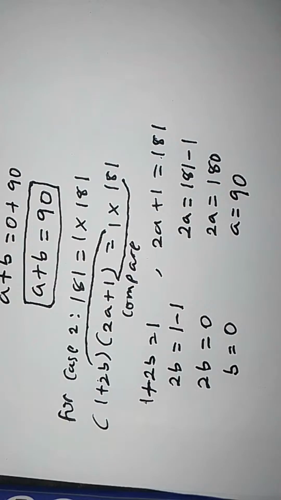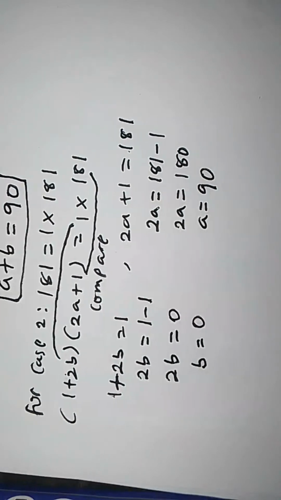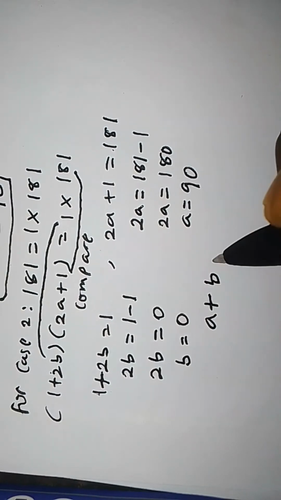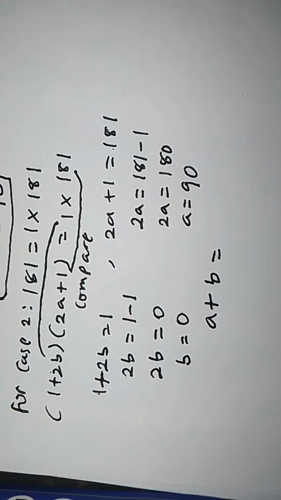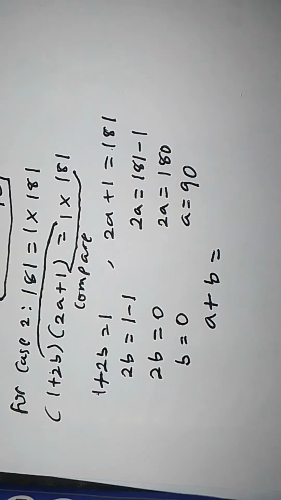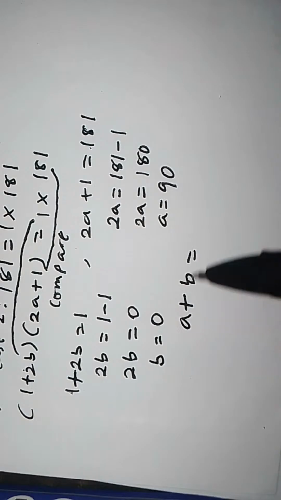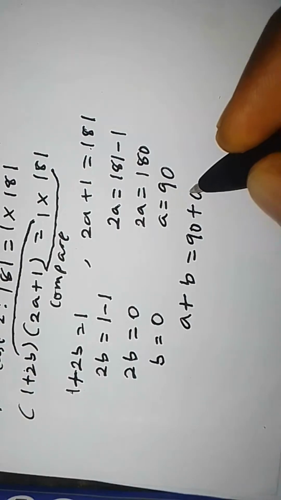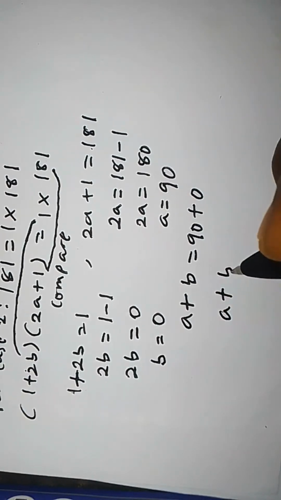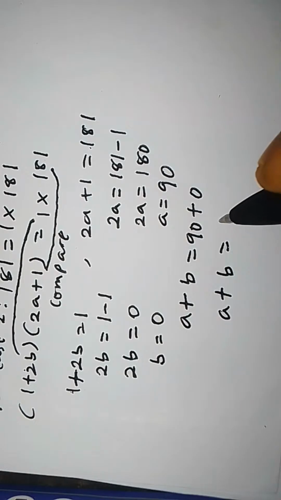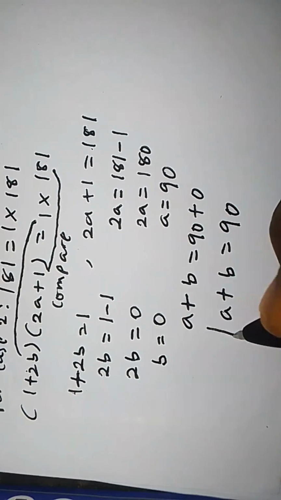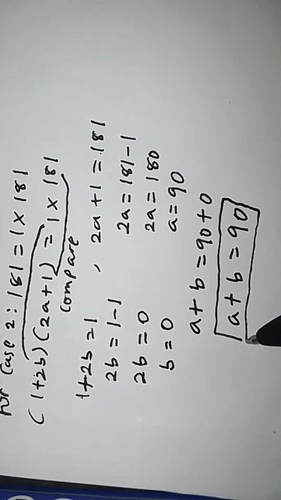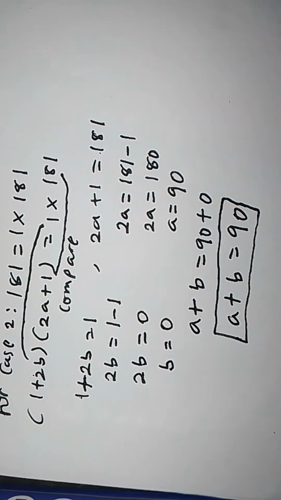But don't forget, our goal is to find the value of a plus b. a is 90 plus b is 0. a plus b is equal to 90 plus 0, that is 90. This is the same thing as what we got for the first case.